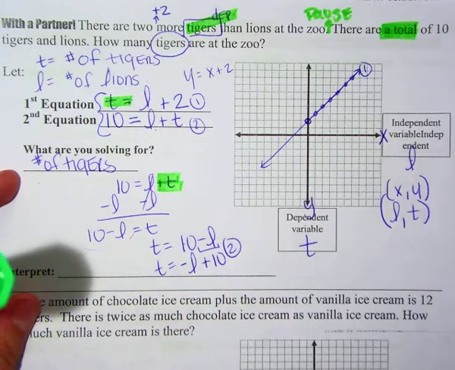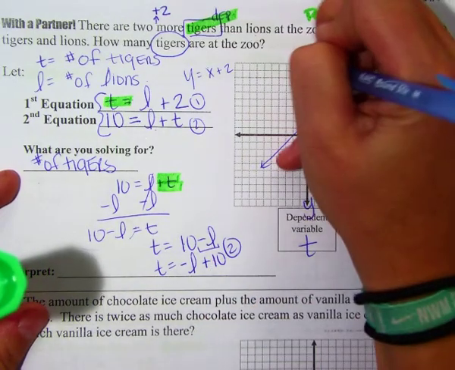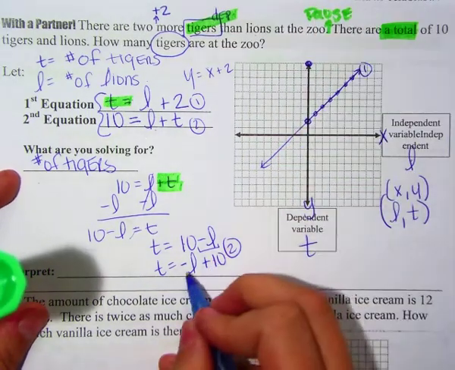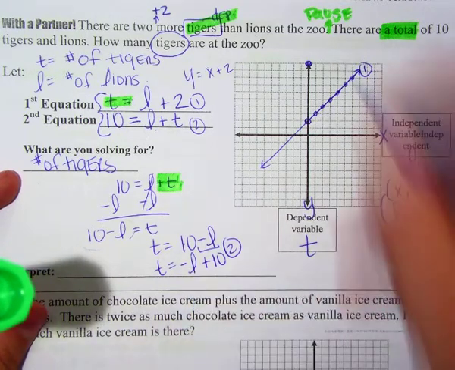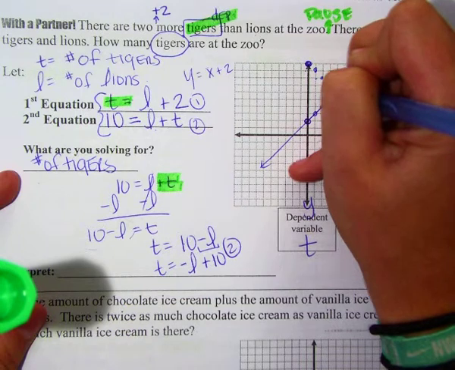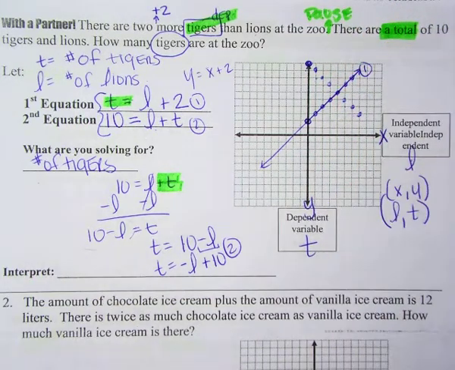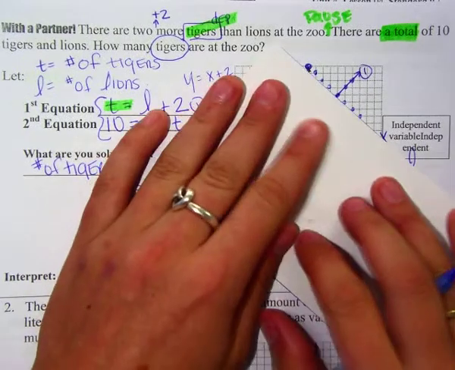This is equation 2. My y-intercept is 10. My slope is negative 1 over 1, down 1 over 1. Go ahead and draw a line using a straight edge.